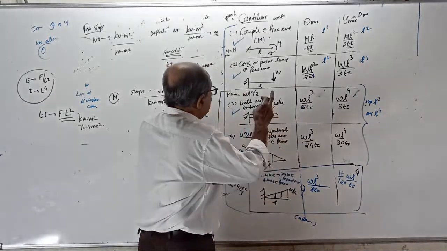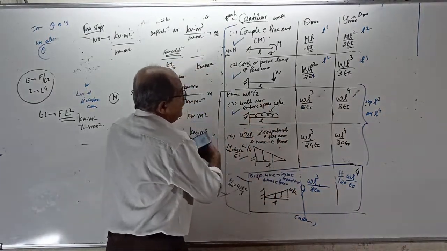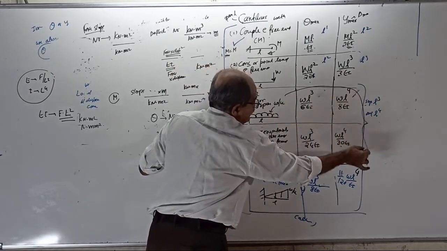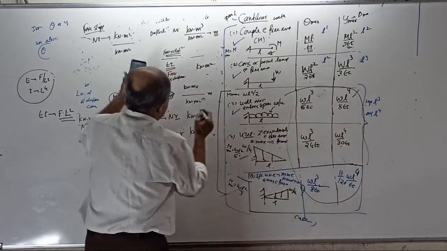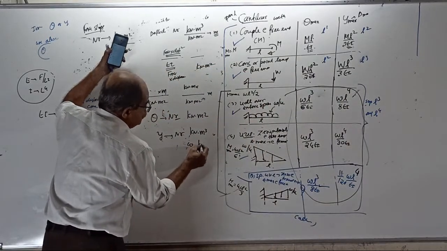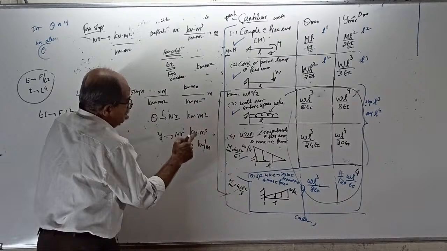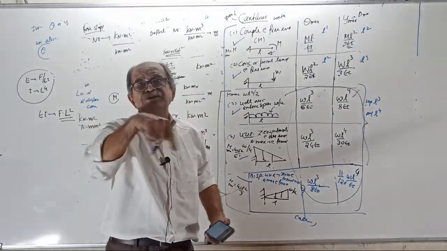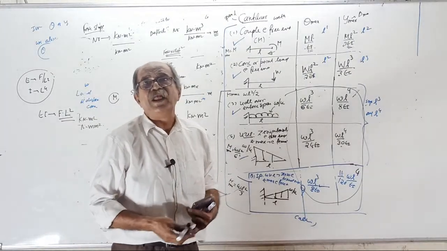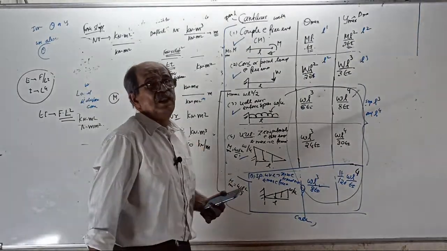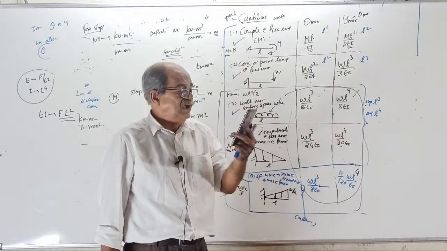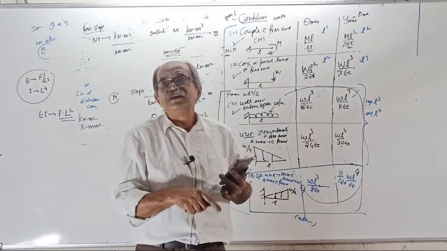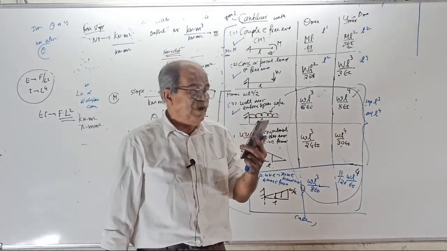Now, for UDL or UVL, your W is in kilonewton per meter. To make kilonewton meter square for slope, what do you require? Kilonewton per meter is there, so you require meter cube.